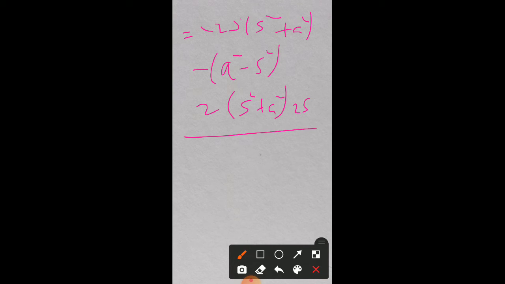If we solve it, we'll get minus twice s into s square plus a square minus a square minus s square into twice s into 2 by s square plus a square whole 4.